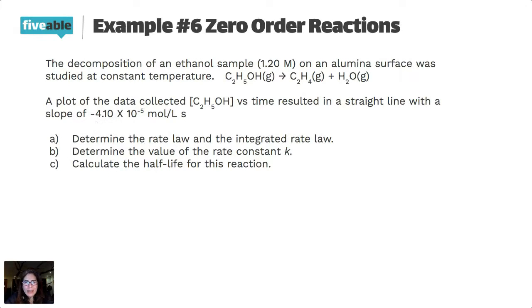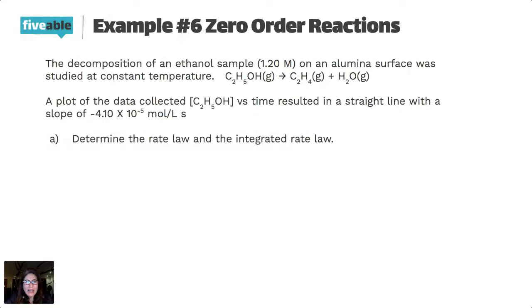And for the half-life, we use the formula. Yes, that's something that you must remember. K is always positive. If the slope is negative, then you change it to positive.